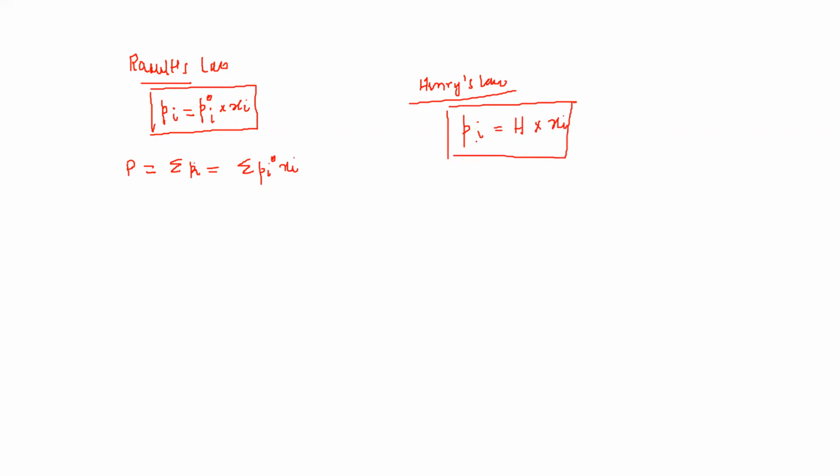All right, this was given by Henry's law. We also discussed that Henry's law would be applicable for very dilute solutions, that is when Xi tends to 0, and Raoult's law would be applicable when Xi would tend to 1. This is what we discussed, and then we discussed certain numerical problems based on these.